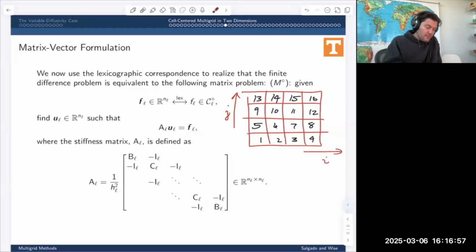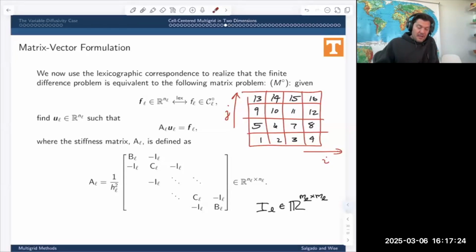So IL is the identity operator, but it's the identity operator of size ML by ML. Remember, ML is the number of grid points in either the x or the y direction. The total number of grid points, of course, is ML squared.